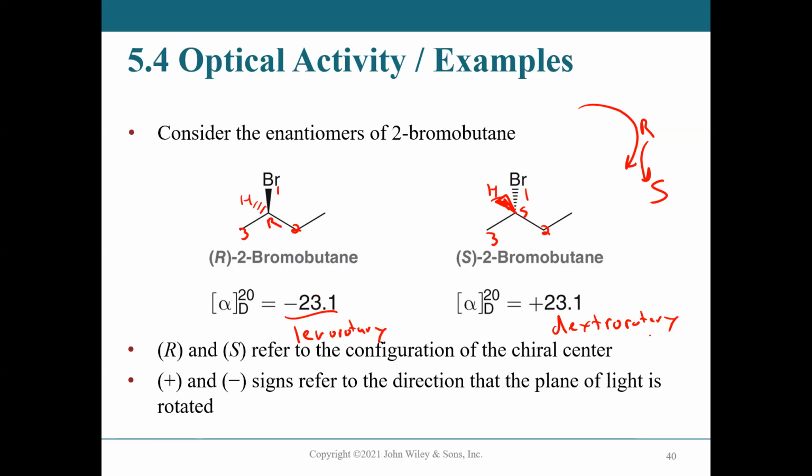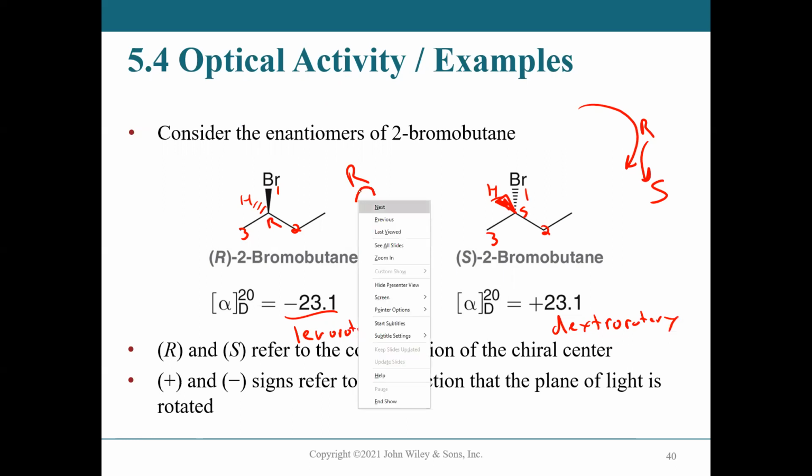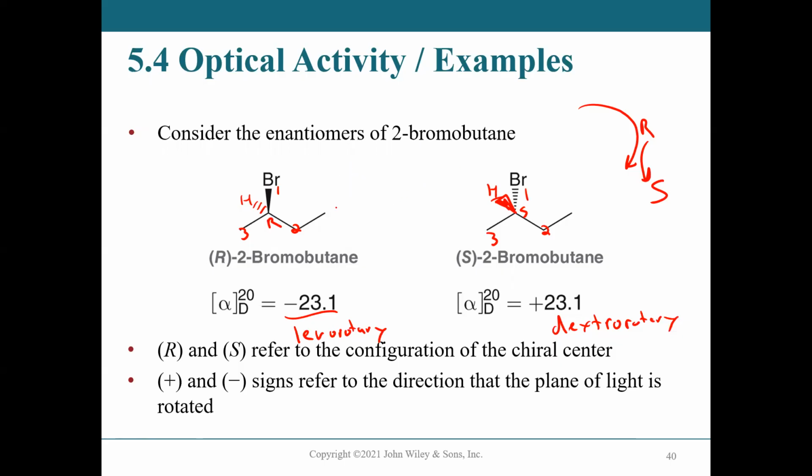So you want to keep that in mind. If we have an S compound of something else, or an R compound of something else, it could rotate light in the dextrorotatory direction. So it depends. This is compound specific, whether it rotates light to the left or to the right.